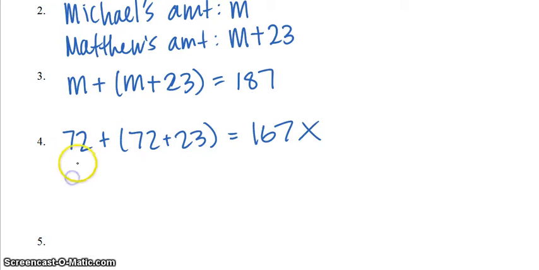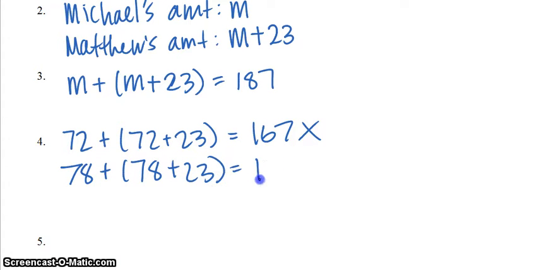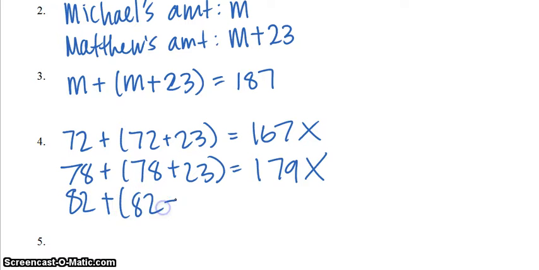If you do 78 plus 78 plus 23, you're going to get 179, and that's not right because we're trying to get 187. So hopefully this works. 82 plus 23 equals 187. So look at us, we figured out what it is.